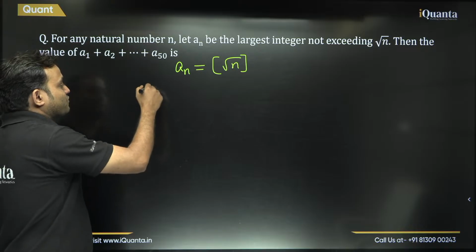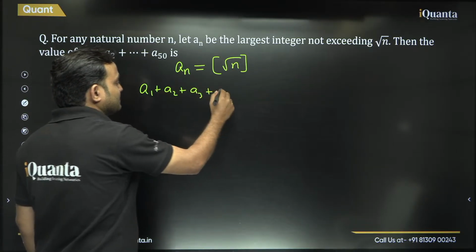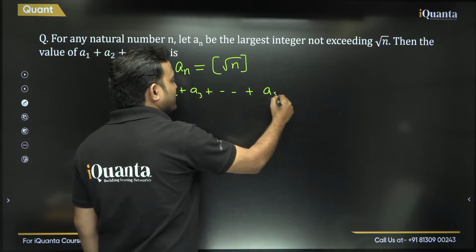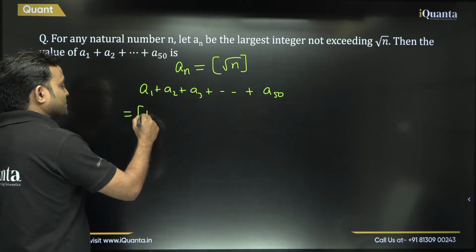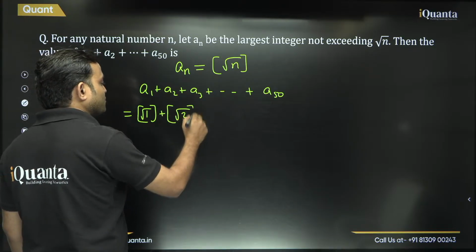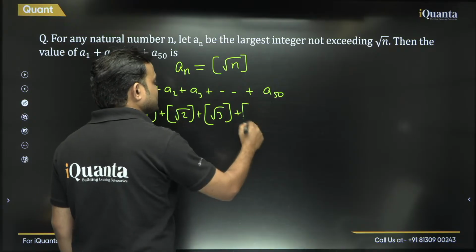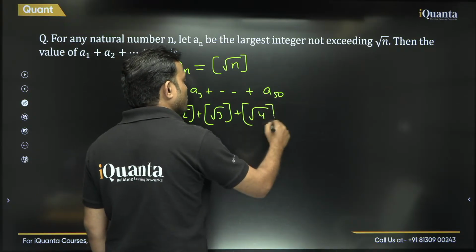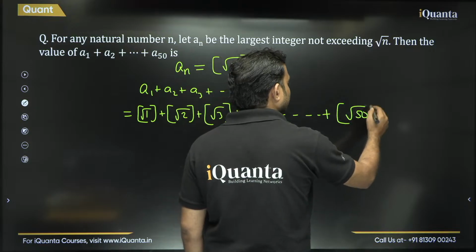So a1 plus a2 plus a3 till a50 will be equal to the greatest integer of square root of 1 plus greatest integer of square root of 2 plus greatest integer of square root of 3 plus greatest integer of square root of 4 till greatest integer of square root of 50.